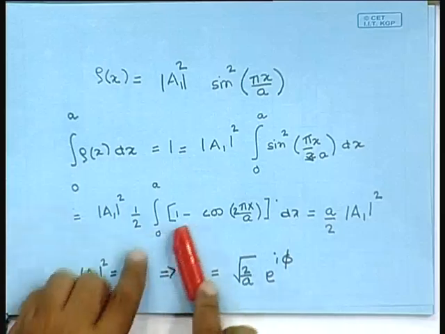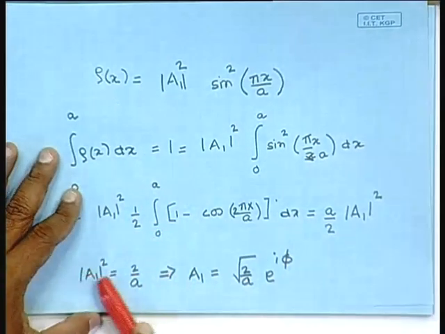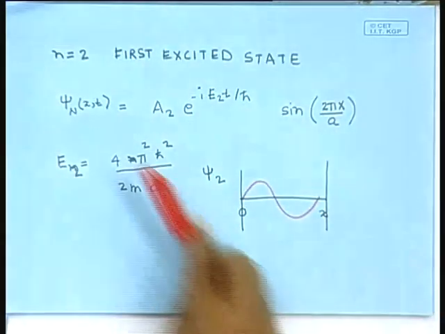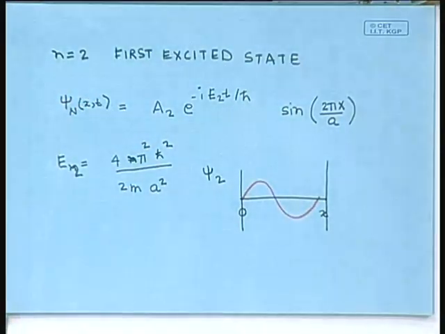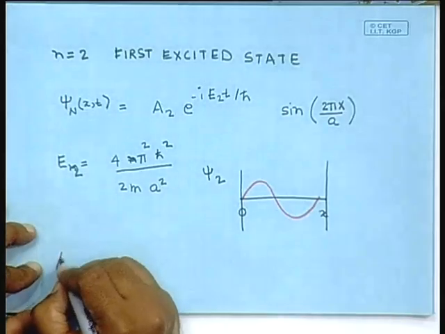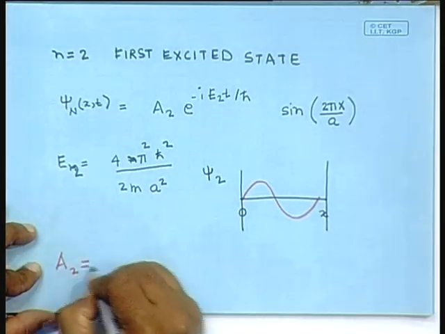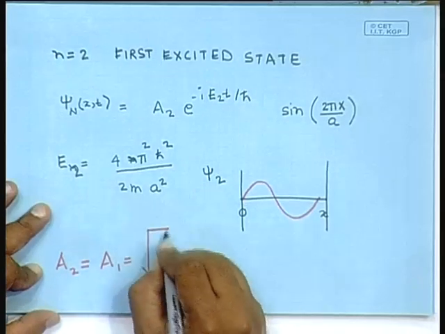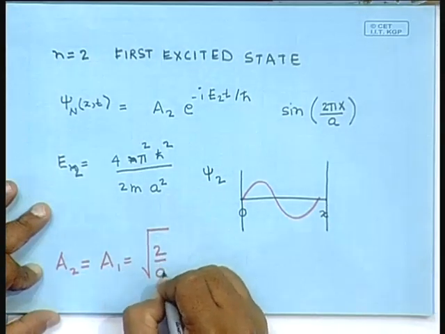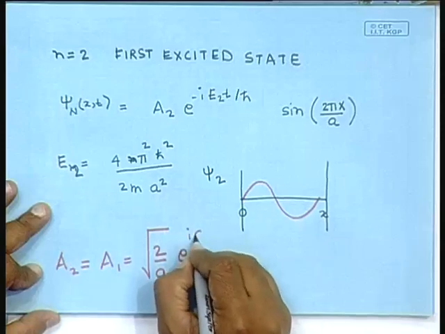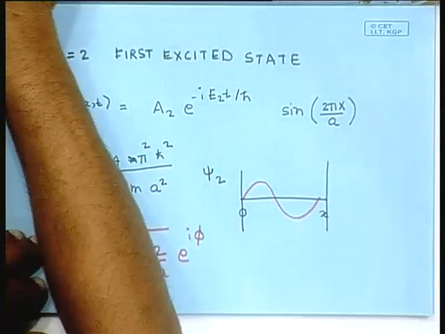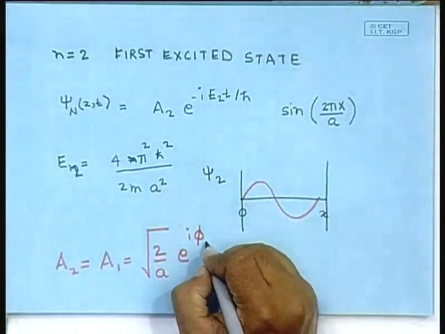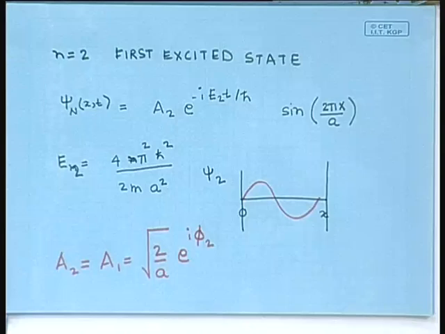So we have a by 2, and the value of the amplitude is going to be the same. So for all the higher values of n, the value of the normalization coefficient is going to be exactly the same. So a2 is going to be equal to a1, it has the same value, but the phase could be different. So I could have a different phase for a1 and a different phase for a2. The magnitude is exactly the same.